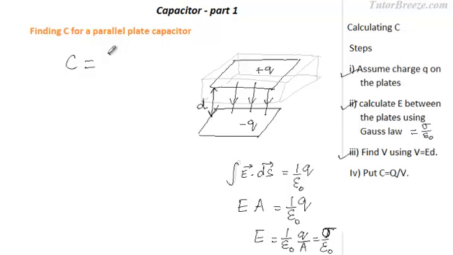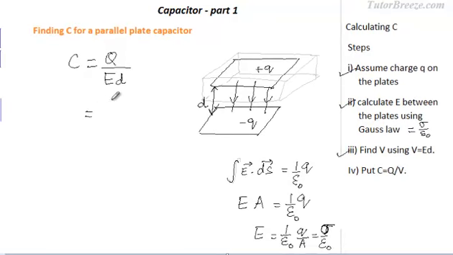So we have Q, and in place of V we have E times D, and we found E as sigma over epsilon naught.